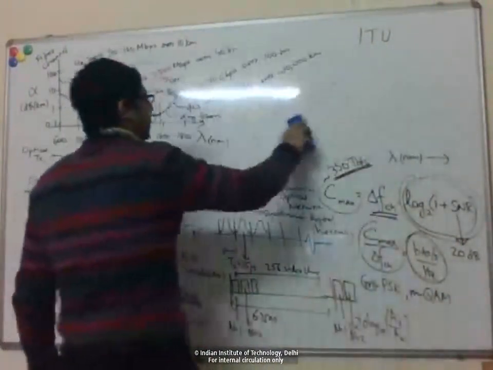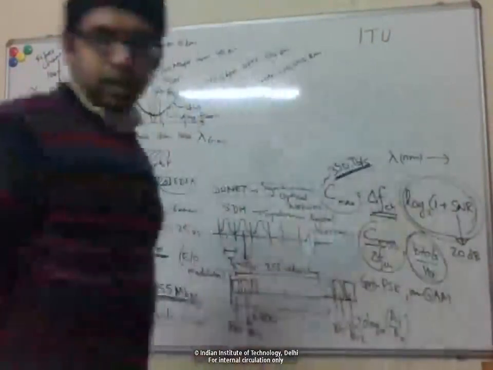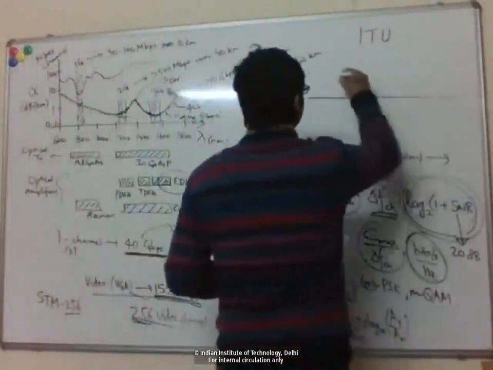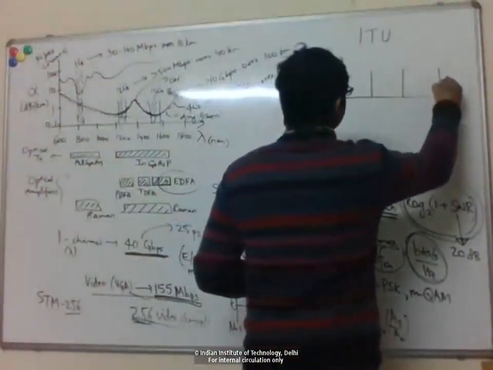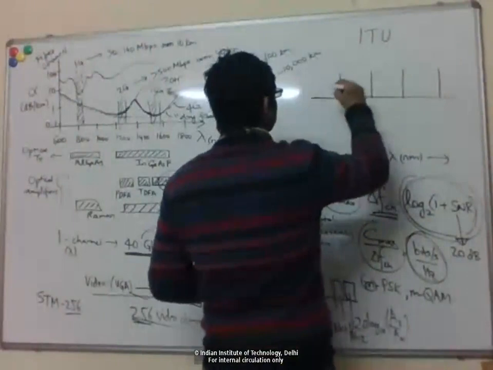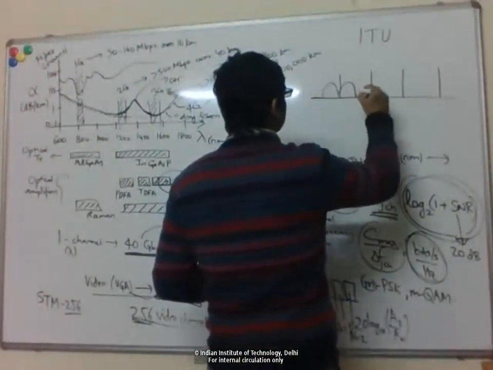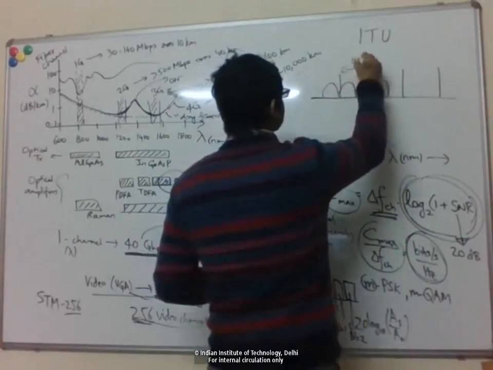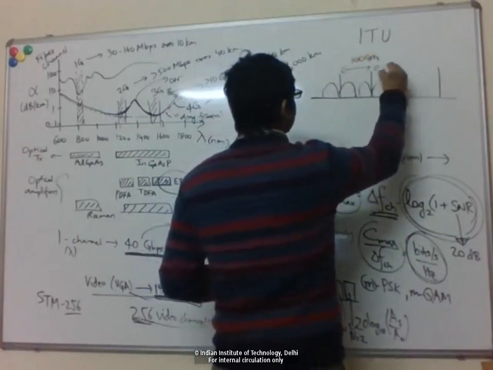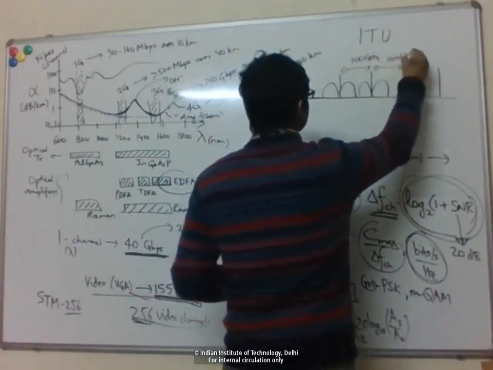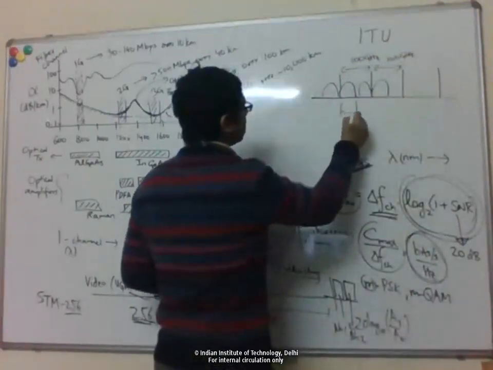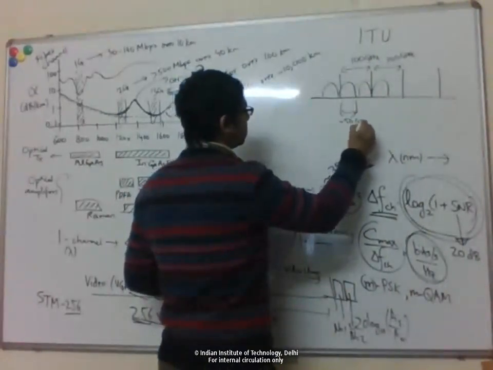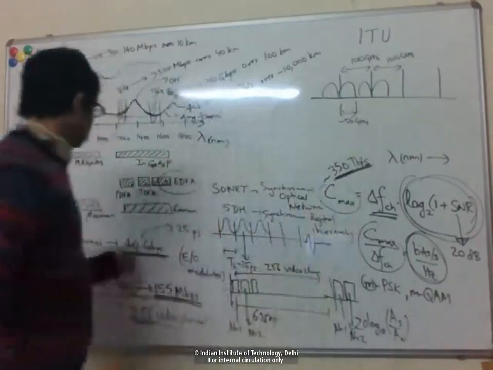To get up to these terabit per second speeds, one channel gives me 40 gigabit per second, and then I have multiple wavelength channels, separated by 100 gigahertz. Each wavelength channel is separated by 100 gigahertz so that it can accommodate data of up to, let's say, 50 gigabit per second.